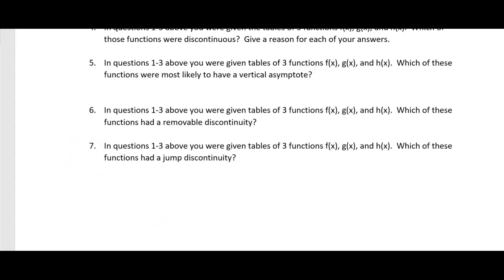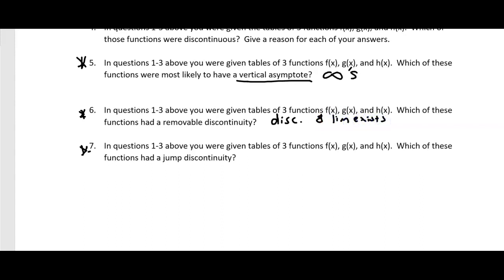So just to summarize really quick here, you guys actually did pretty well on this on our quiz, so I'm not too worried about it. How can you tell if it has a vertical asymptote? That's the one where you have infinities. How can you tell if it has a removable discontinuity? It's discontinuous and the limit exists.